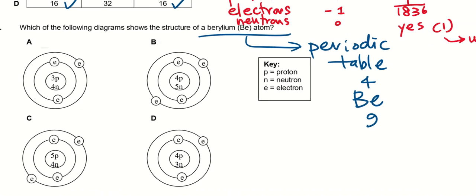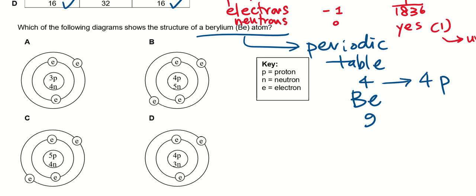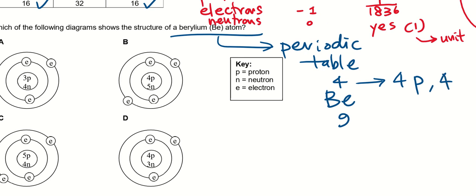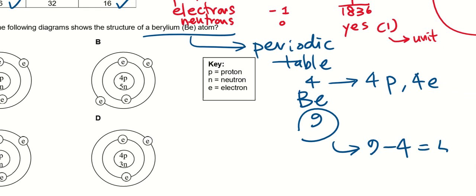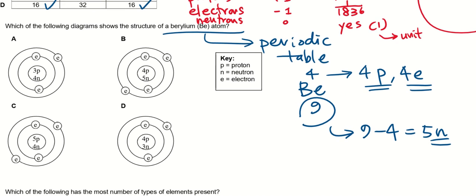So 4 means 4 protons, 4 electrons. Then 9 minus 4 gives me my 5 neutrons. This is where I get my P and E. This is how I get my N. So just look for the correct one. Answer is B. Simple.